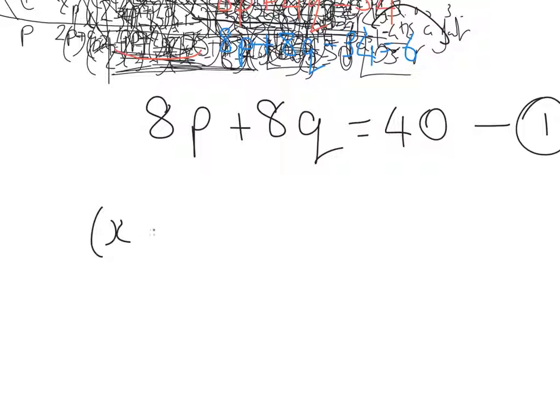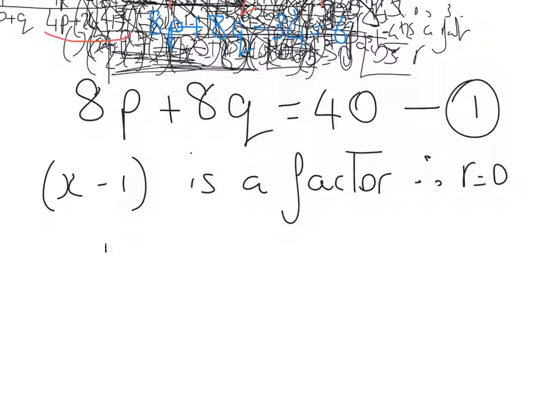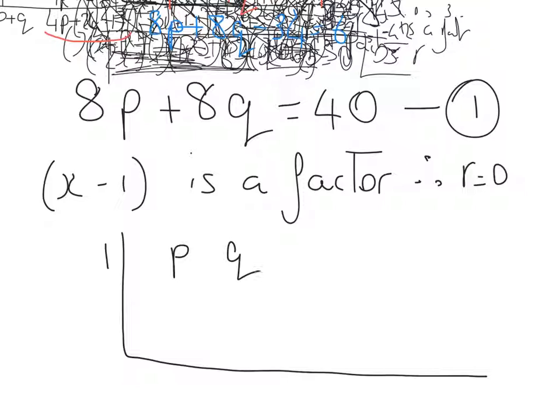x minus 1 is a factor, which will obviously then generate a remainder of 0. So if x minus 1 is a factor, that means 1 goes up at the side. And again, I've got the coefficients of p, q, minus 17 and 4q.